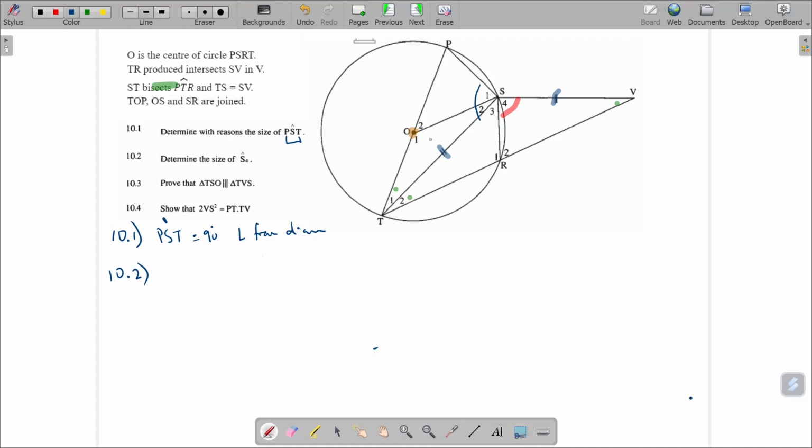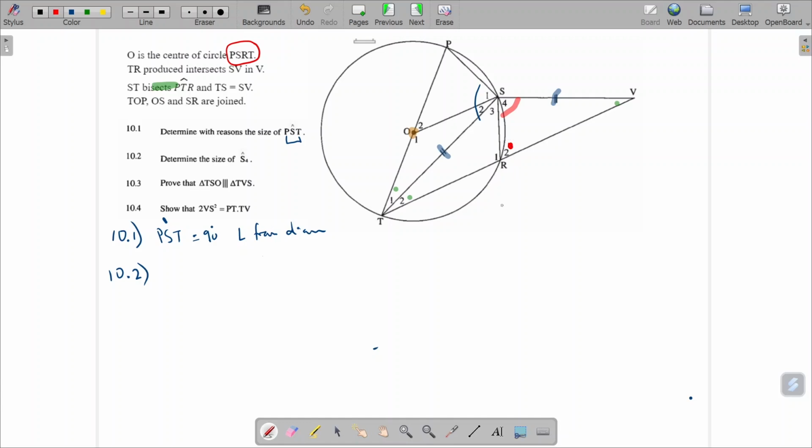Okay, what I do know is that they told me that there was a circle PSRT, and that should have set some warning signs going off. If I have 4 points on circumference, that means I've got a cyclic quad. And so if PSRT is a cyclic quad, it should follow that this angle here is the external angle to that cyclic quad.